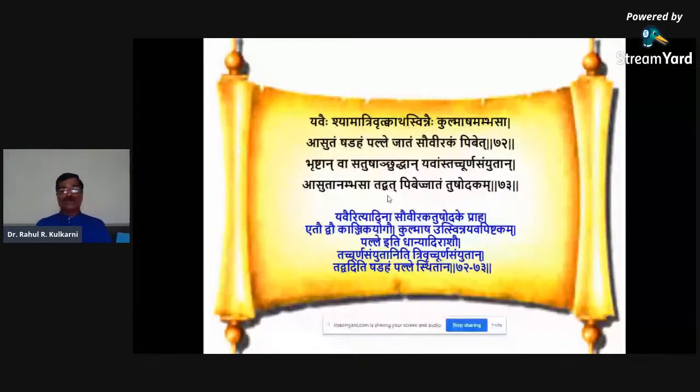So this powder, the satusha yava which is roasted and powdered, has to be mixed with the jala and shyama trivruk kwatha and subjected for sandhana for 6 days, just like savviraka. And after 6 days, pibet jatam, when proper tushodaka is formed, that has to be administered for proper virechana.